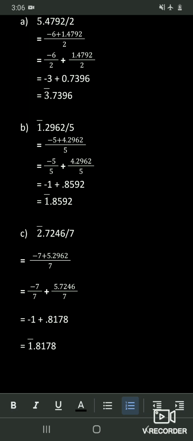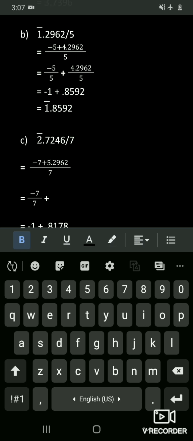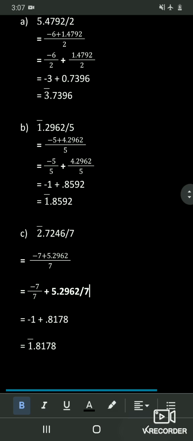So here the characteristic minus 2, to make it easy to simplify, we are using minus 7 plus 5.2962 and then minus 7 upon 7 plus 5.2962 divided by 7.